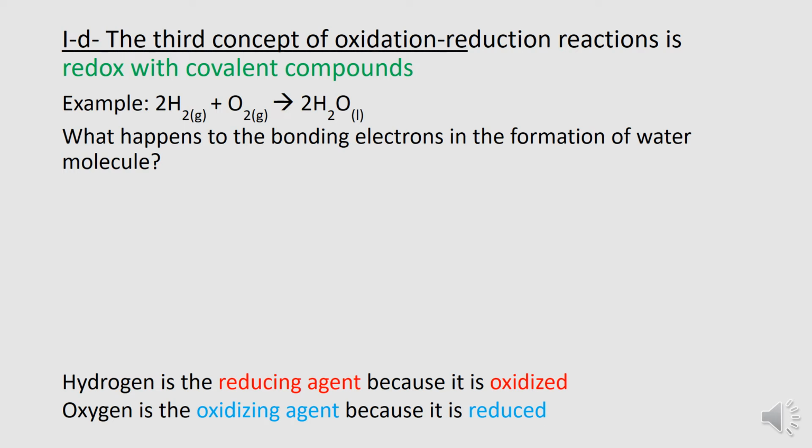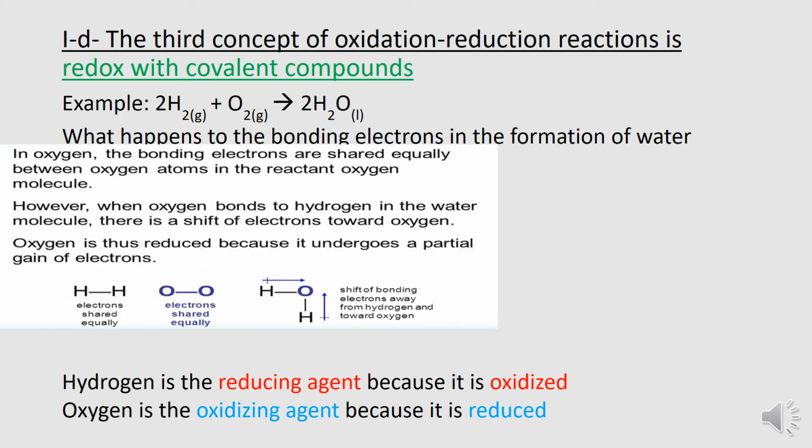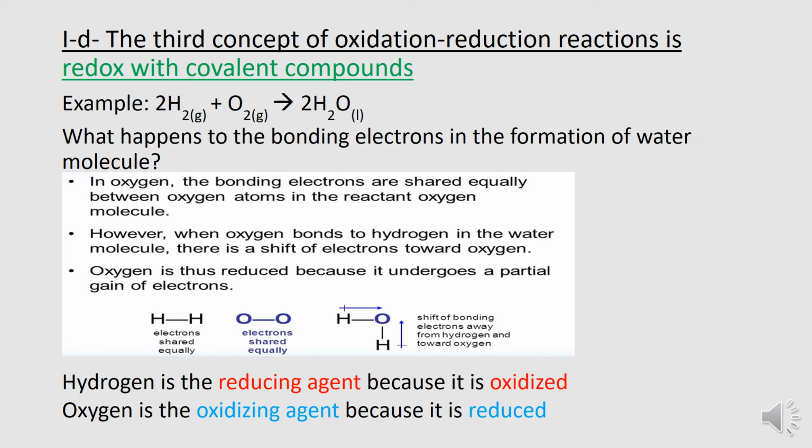Let's see. In oxygen, the bonding electrons are shared equally between oxygen atoms in the reactant oxygen molecule. However, when oxygen bonds to hydrogen in the water molecule, there is a shift of electrons from hydrogen toward oxygen.